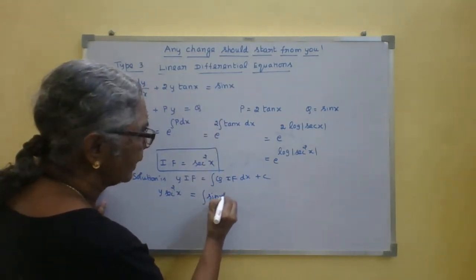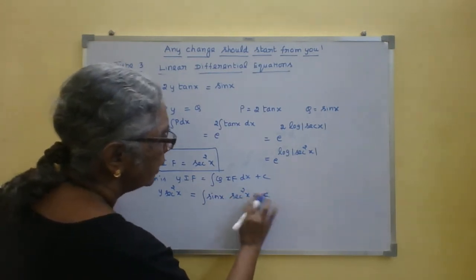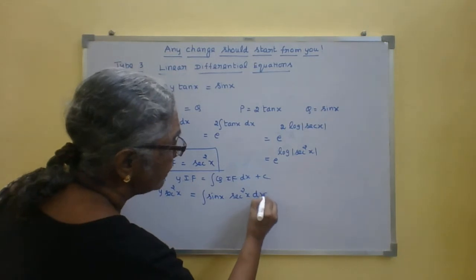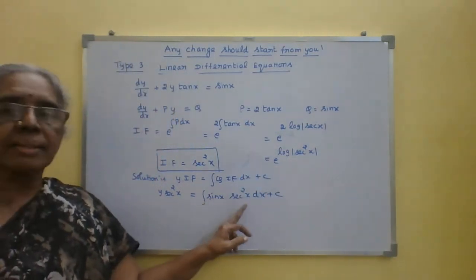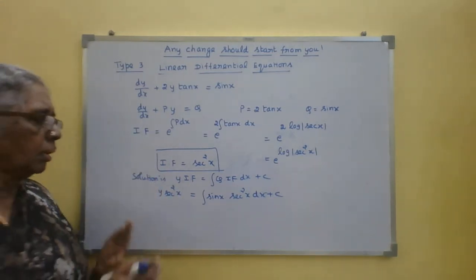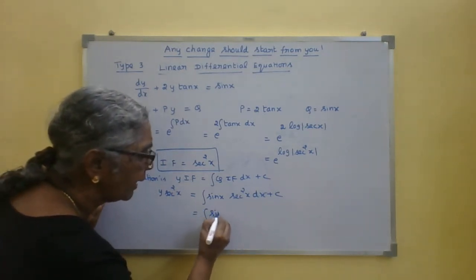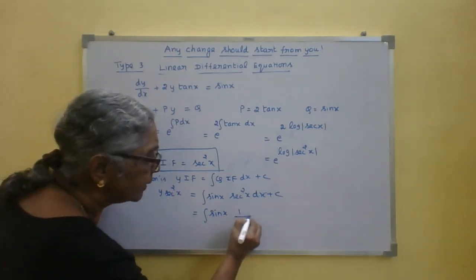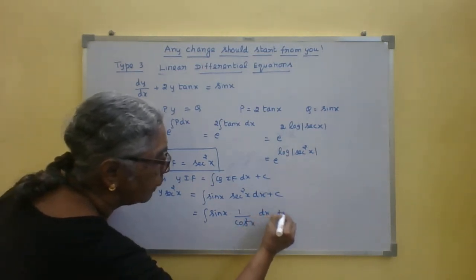So write sin x, IF is secant squared x, dx plus c. So you will be getting integral sin x secant squared x dx plus c. Now let us keep this as it is. Here I can write this as sin x, and secant squared x is nothing but 1 by cos squared x, dx plus c.